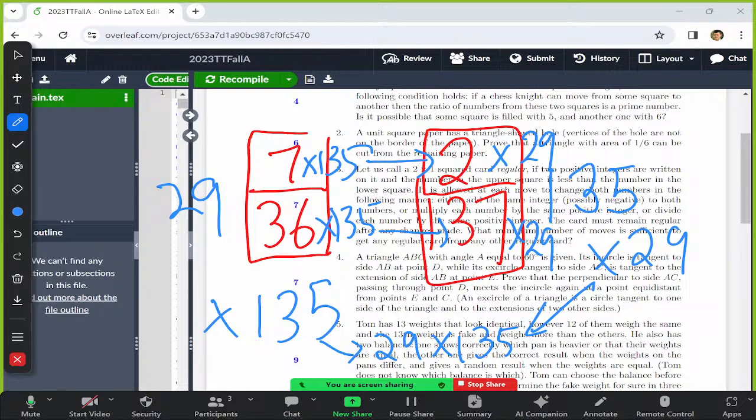Basically, 7 and 36, you can times by 135, and then subtract whatever that difference is, and then divide by 29 to get the answer.